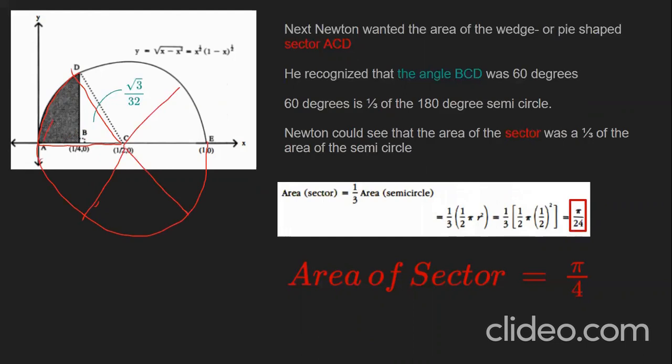So if you divided this whole thing by 2, you would see that this sector is 1/3 of the whole semicircle. And so he knew what the area of a semicircle was, and he just multiplied it by 1/3, and that's where pi finally came in.